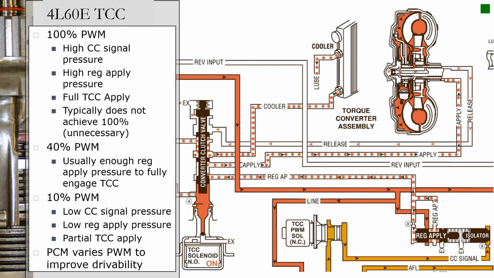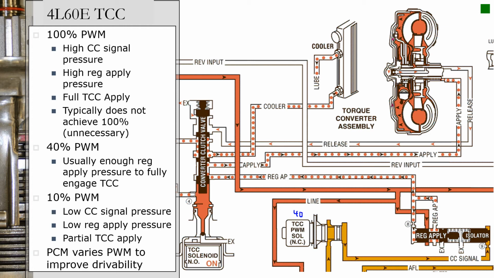These are just kind of a few states. If I have 100% PWM, which it really doesn't do 100%, but let's say if I have 100% PWM, I'm going to have full CC or maximum CC pressure. That's going to end up being maximum regulated apply pressure. And I'll have a full torque converter clutch application. If I have 40% as an example, I'm going to have something less than maximum.